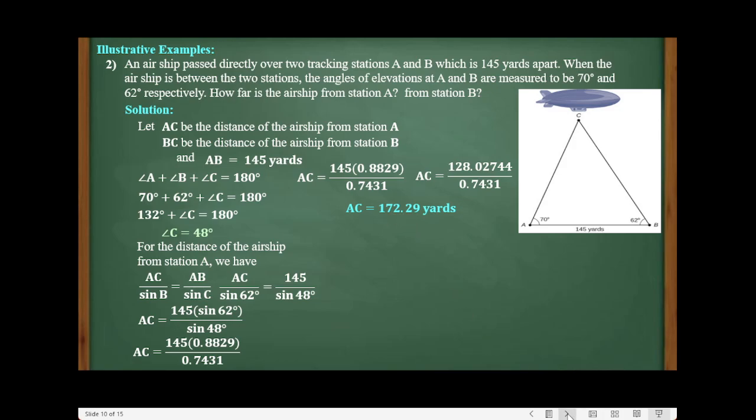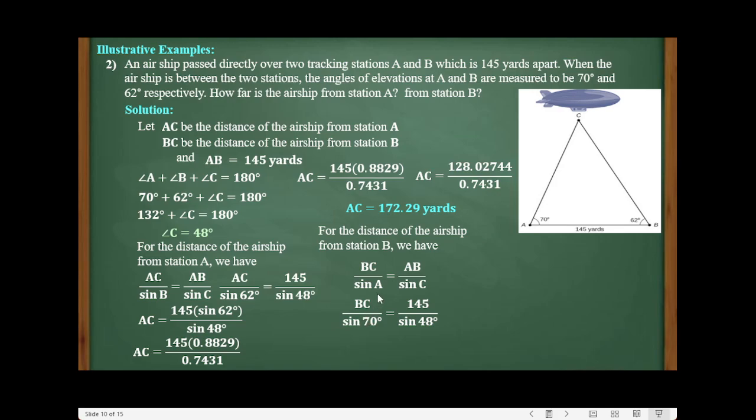Next, for the distance of the airship from station B, we have this formula, law of sines. So, BC over sine of A equals AB over sine of angle C. So, substitute: 70 degrees for angle A, 48 degrees for angle C, and AB here is 145.